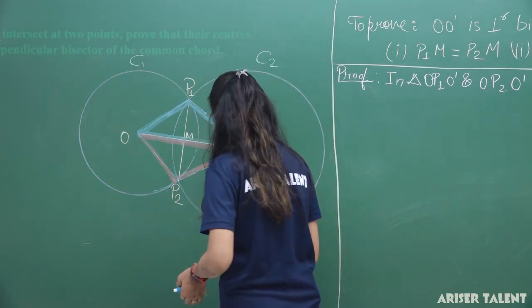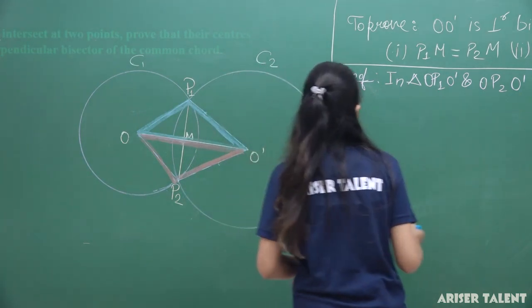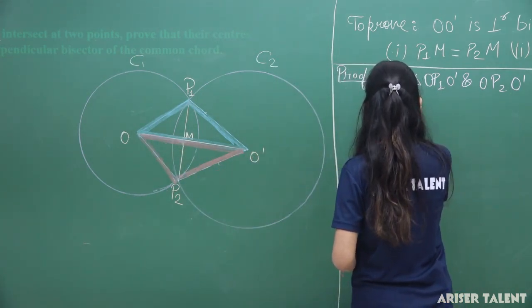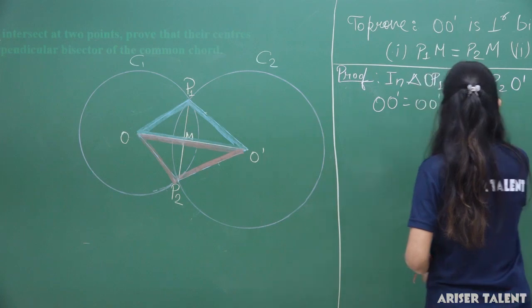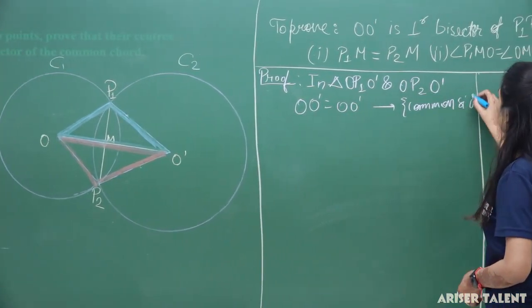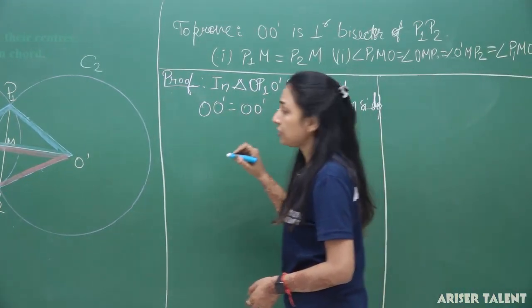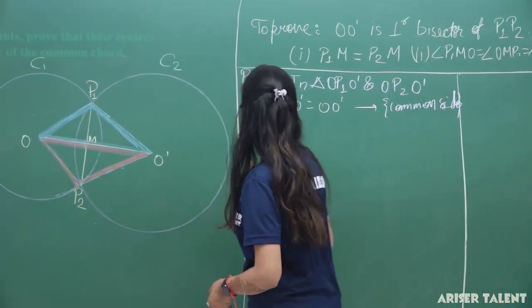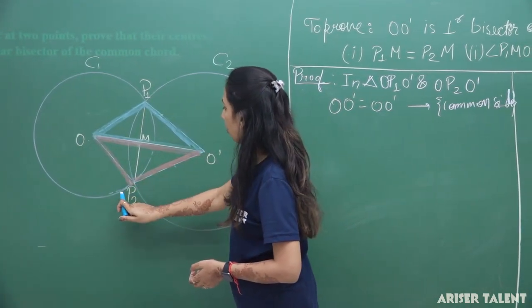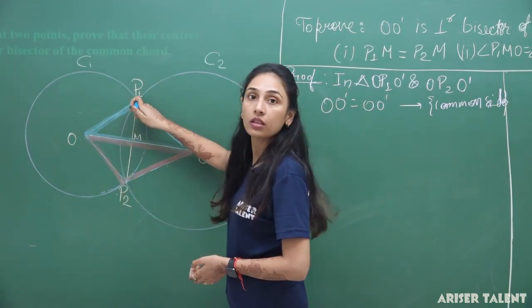Okay, right. So, in these two triangles, this OO' is common. OO' equals OO'. Why? Because they are common sides. Now, look here, OP2 is equal to OP1.